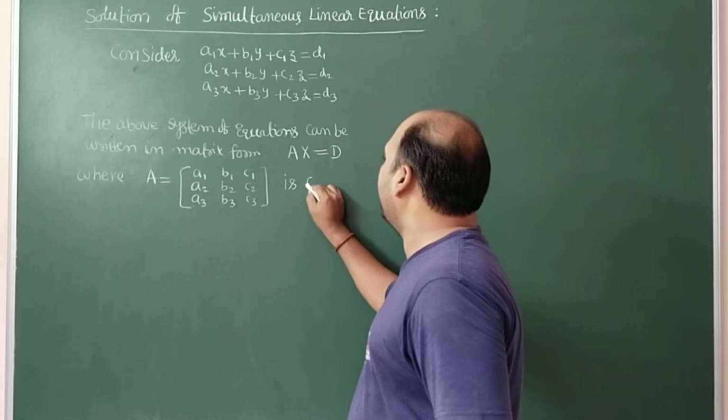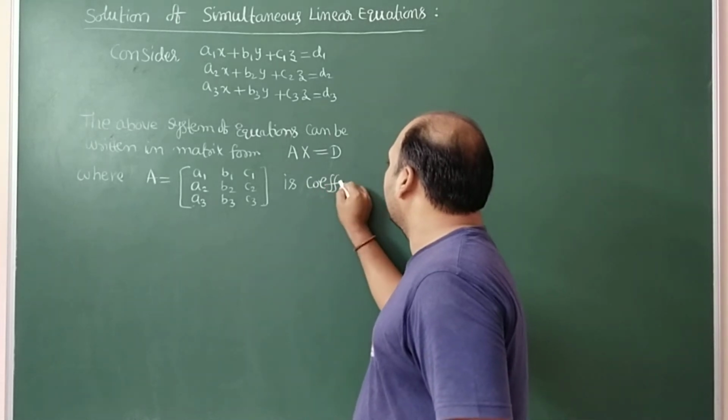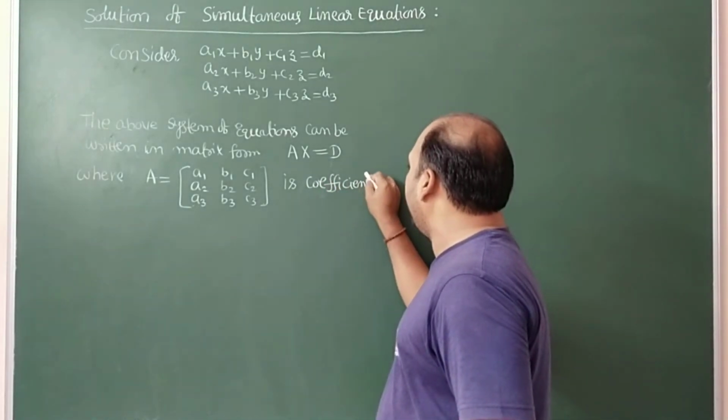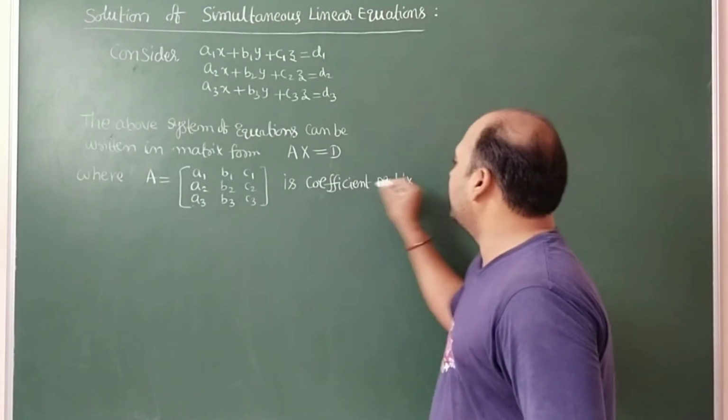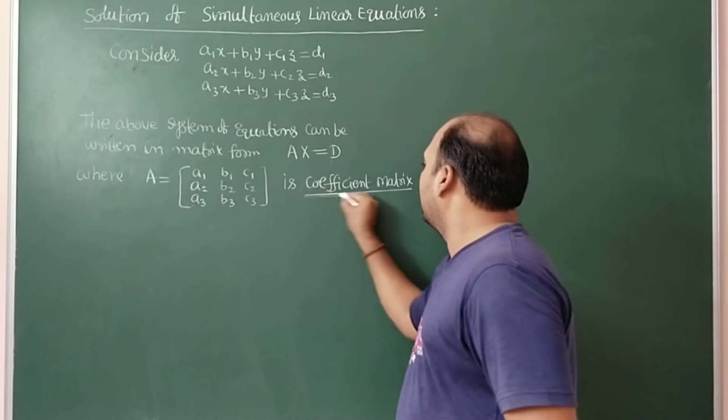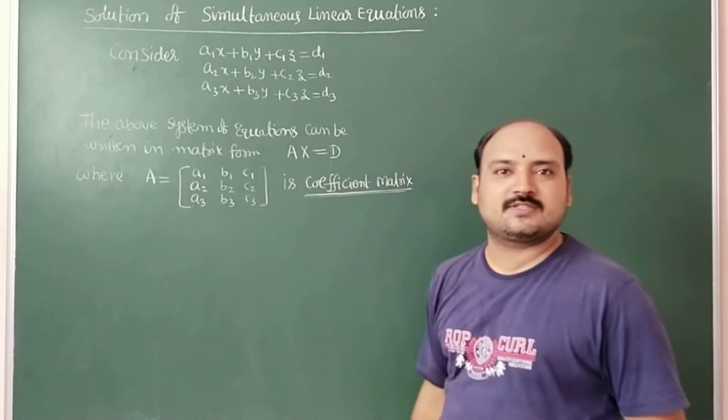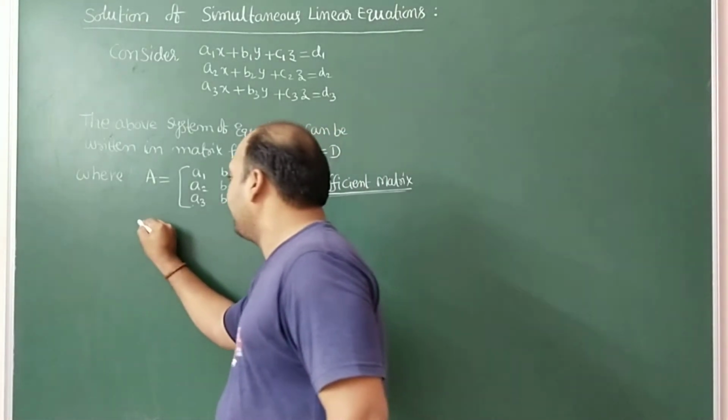You have to know that information, where A is called the coefficient matrix. What does X represent?